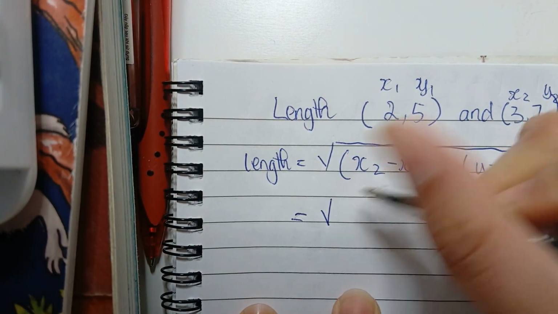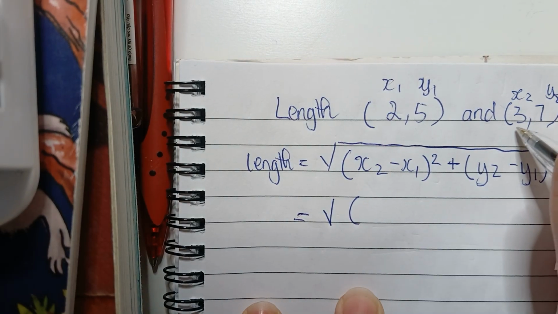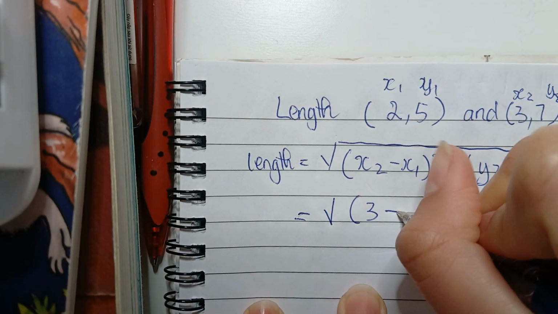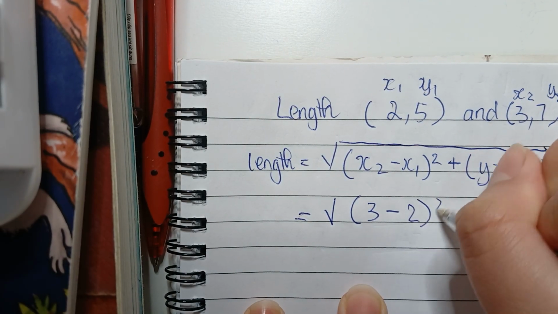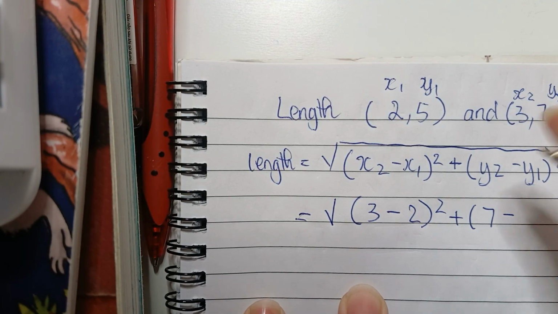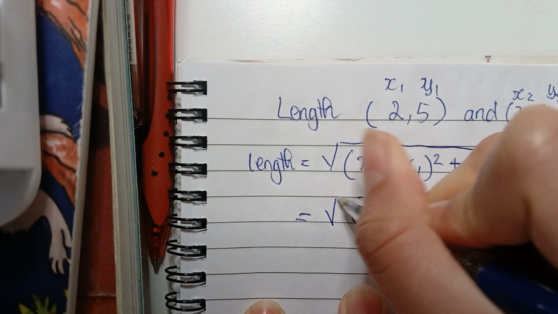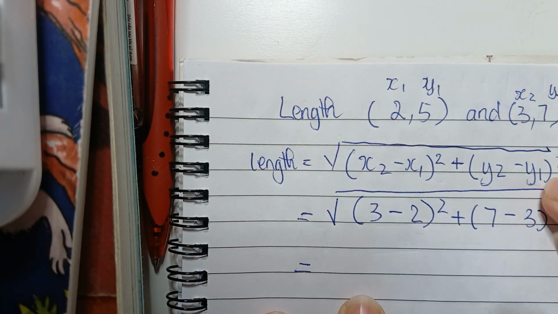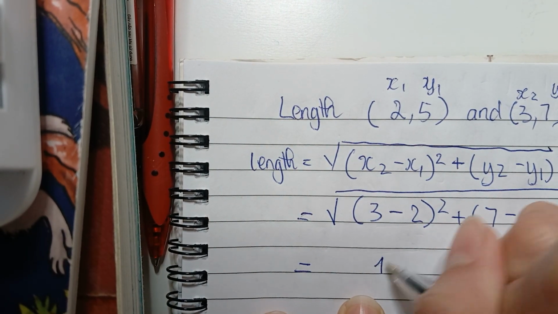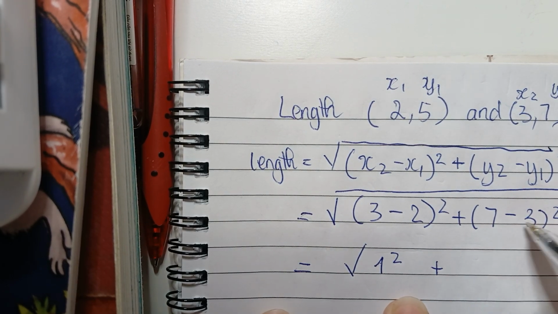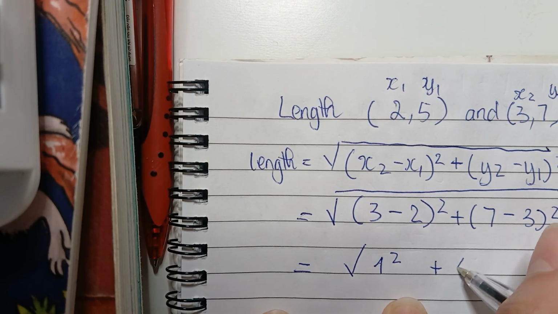Okay, so after I label, I sub it in. Square root of (x2, which is 3, minus x1, which is 2) squared, plus (y2, which is 7, minus y1, which is 3) squared. Alright, 3 minus 2 is 1, and 7 minus 3 is 4.